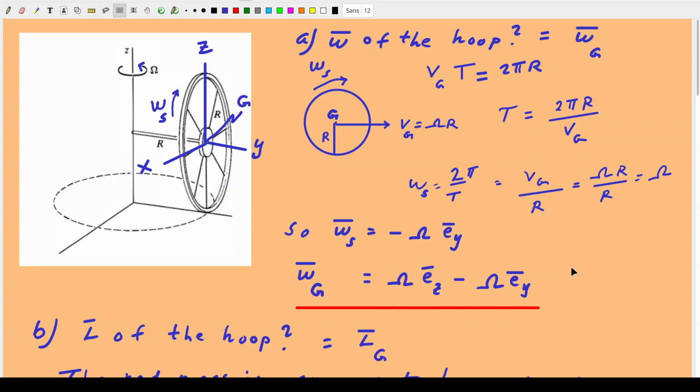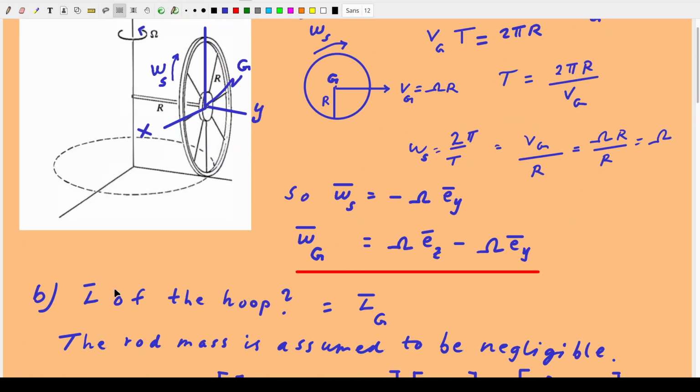So that's why we get this result here. And if you look at the length of the vector, you just take this one squared plus this one squared, and that's square root 2. So you will get the square root 2 capital omega as the length of this vector.